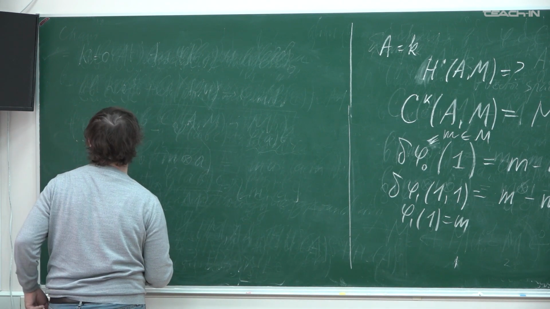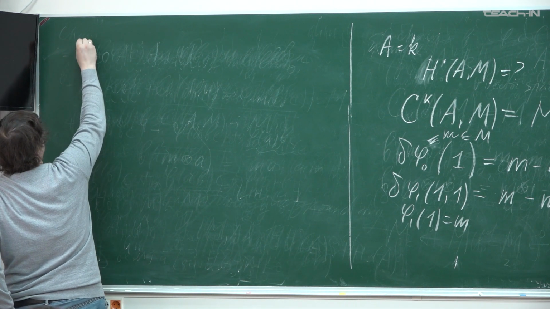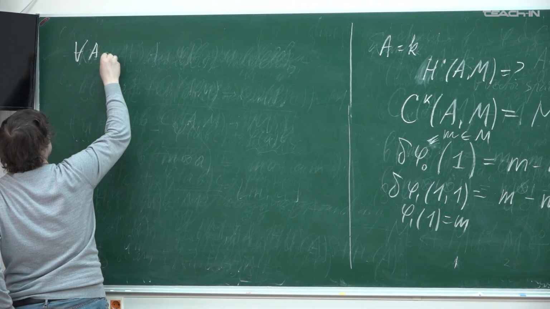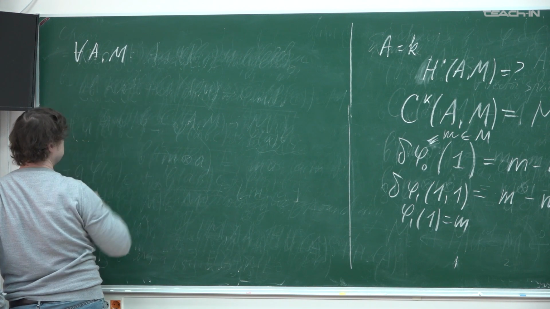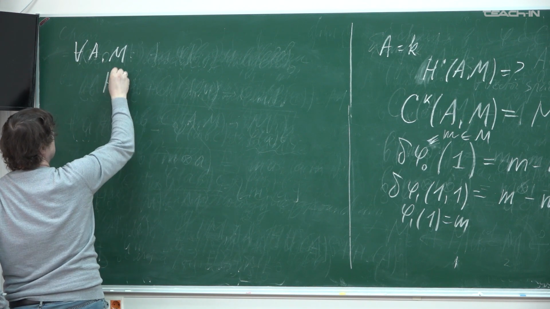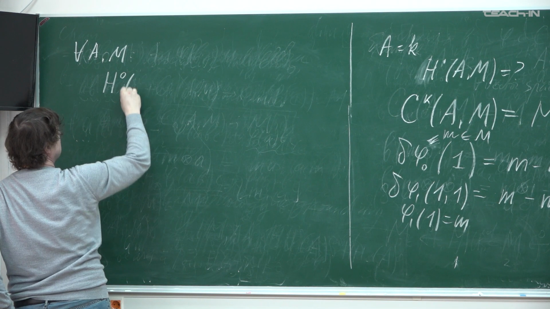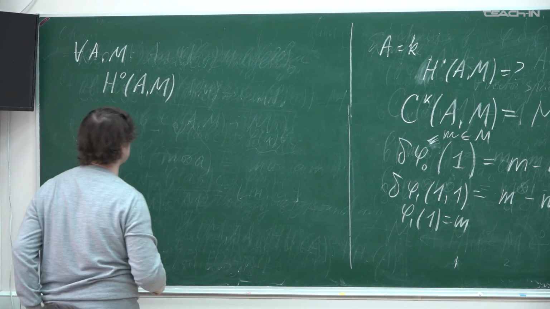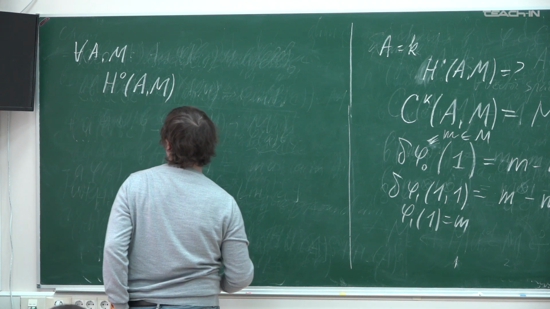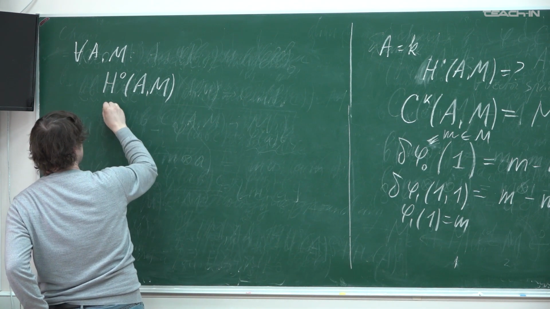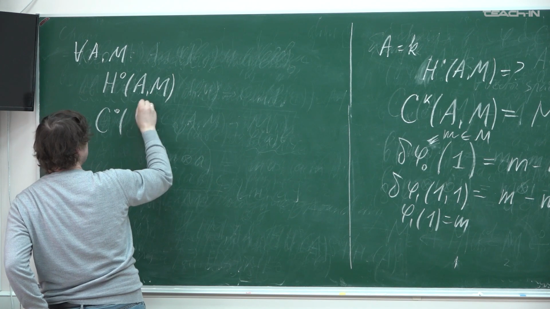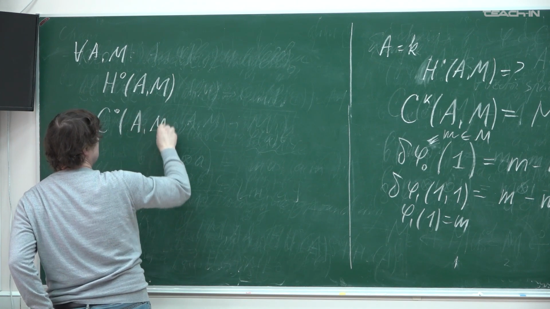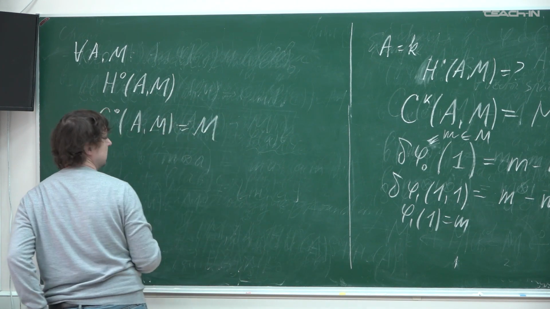For instance, H^0 of A with coefficients in M. What is this? C^0 in all cases is equal to M, as I explained.